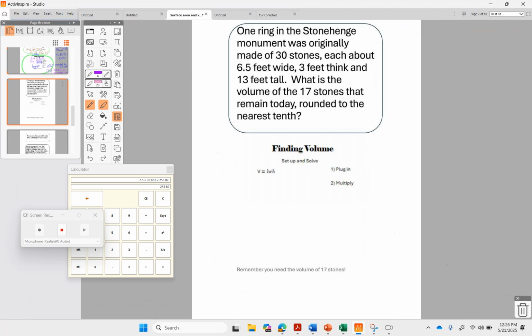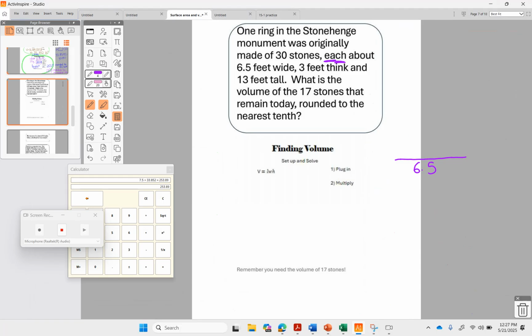One ring in the Stonehenge monument was originally made of 30 stones, each about 6.5 feet wide. So the stone is about 6.5 feet wide.